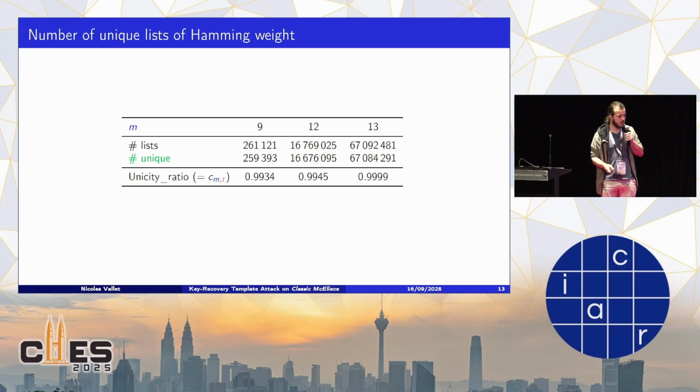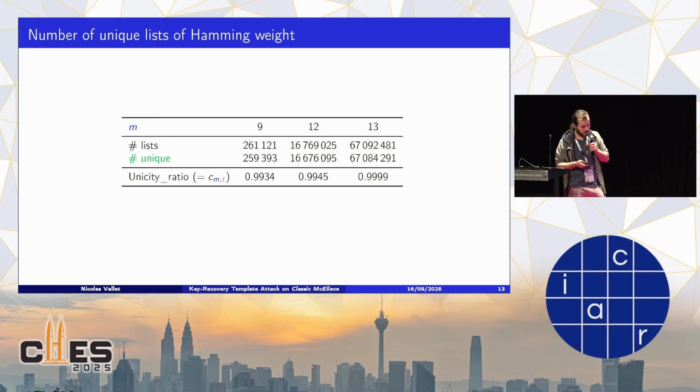So concerning the multiple pairs outcome, we computed the cuboid for all the values of m, and we also computed the ratio between the number of unique lists and the total number of lists of Hamming weights in the cuboid, and we saw that the unicity ratio was always higher than 99% for all the values of m.